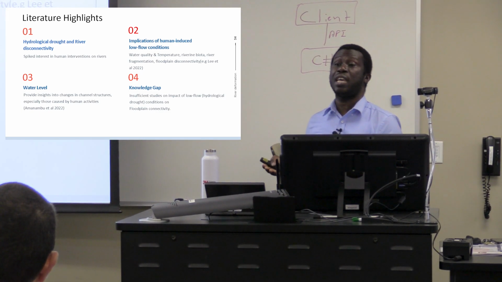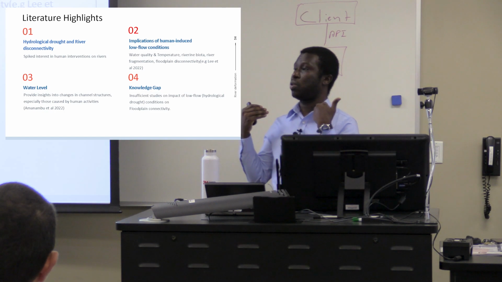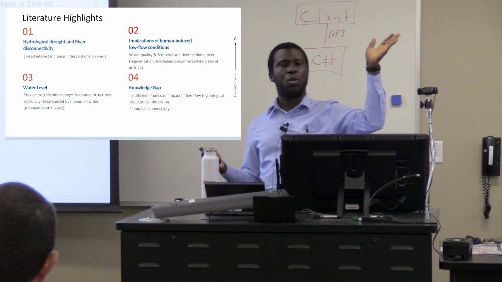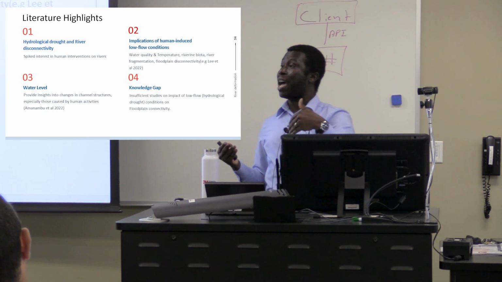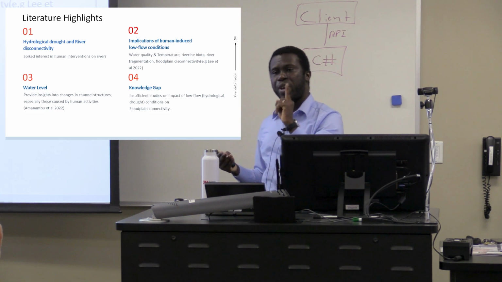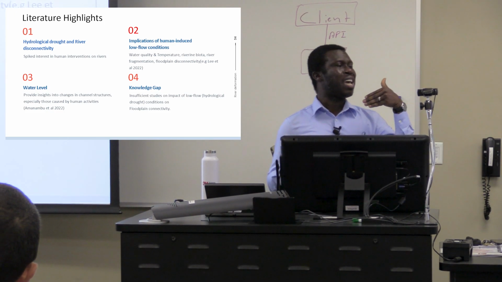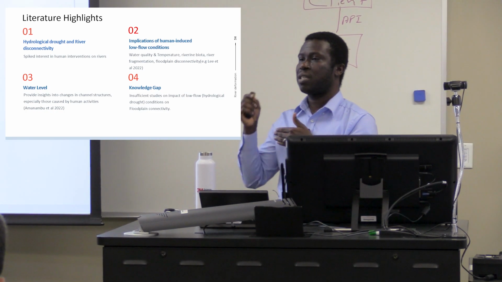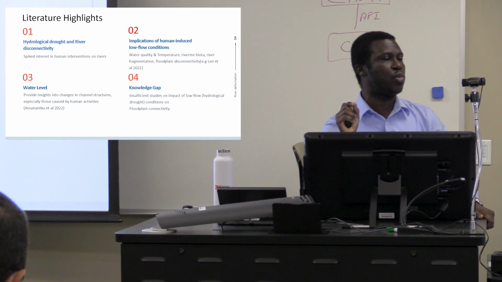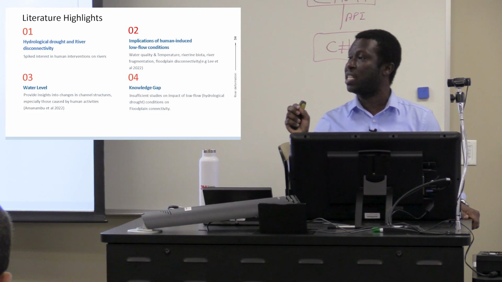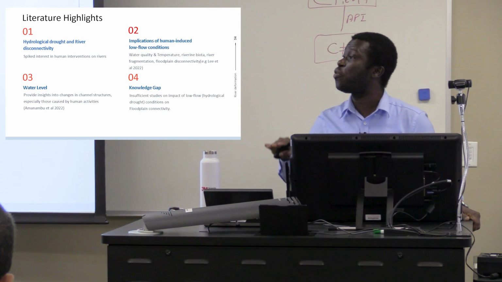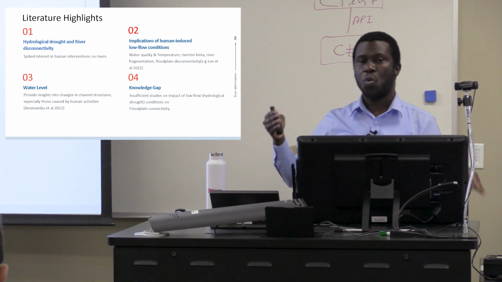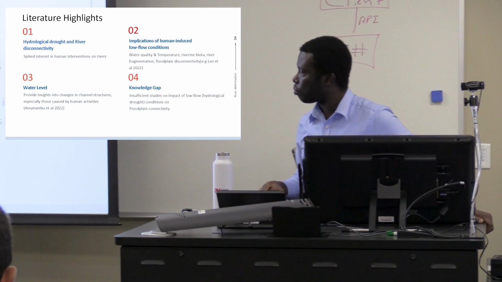So it is not to say that when you are talking about hydrological drought, you should throw discharge away. No. But when you are assessing hydrological drought, especially in rivers that have been heavily influenced by anthropogenic disturbances, stage is a critical variable that you should include, because stage in itself shows the differences in structures or changes within that channel.